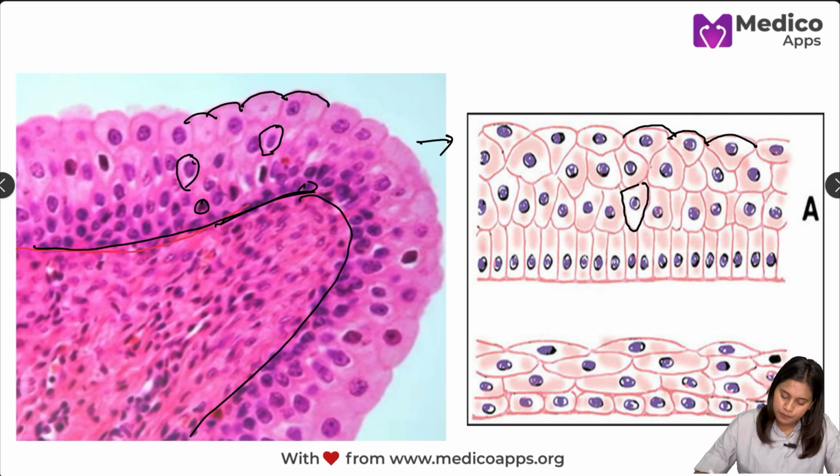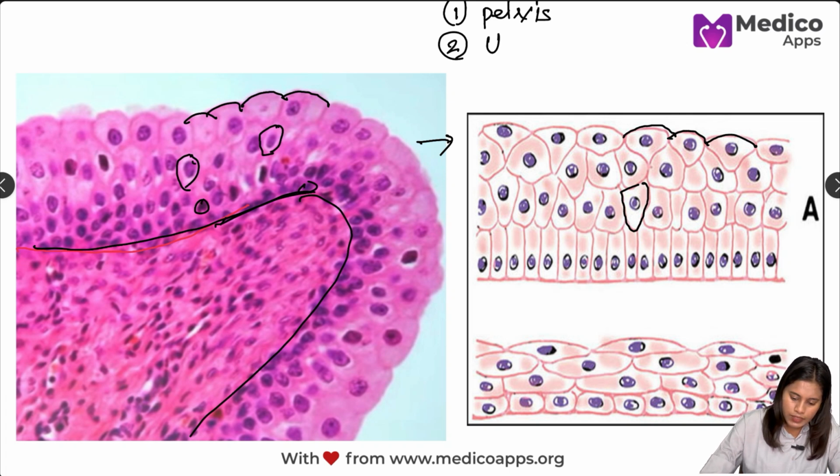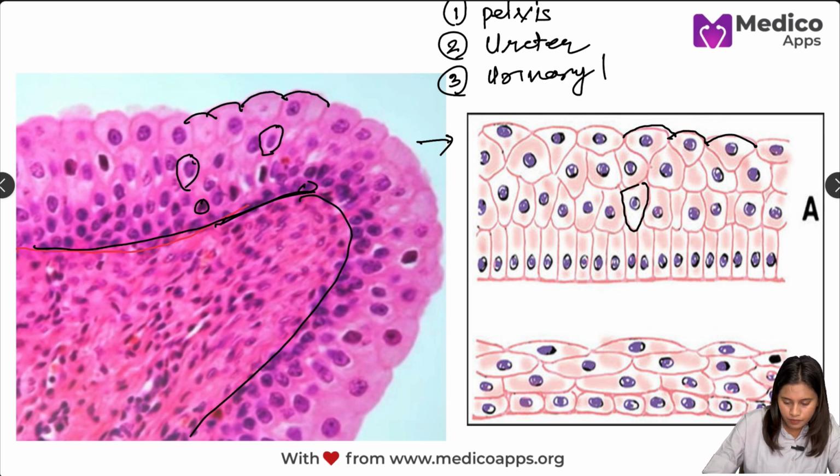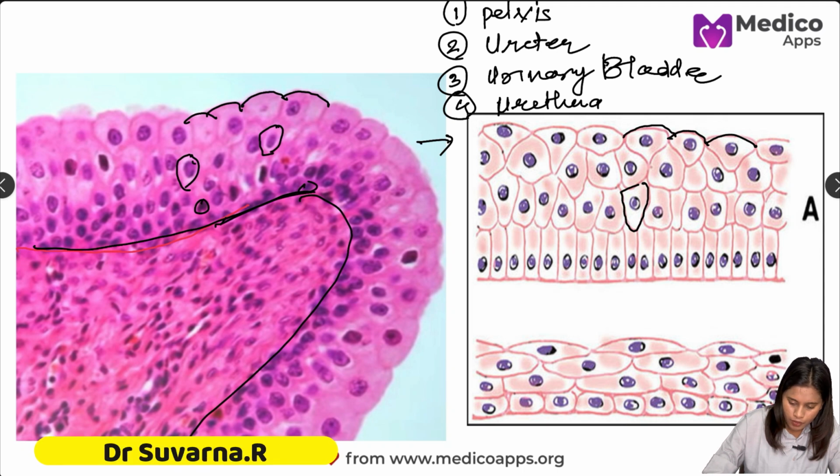Because this epithelium is present in the pelvis of the kidney, in the ureter, in the urinary bladder, and in the upper part of the urethra.